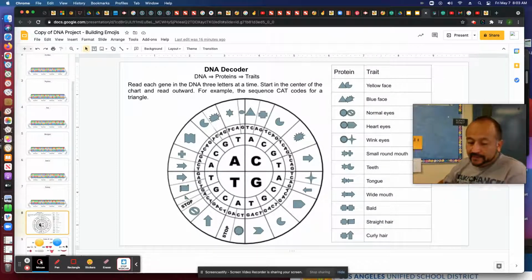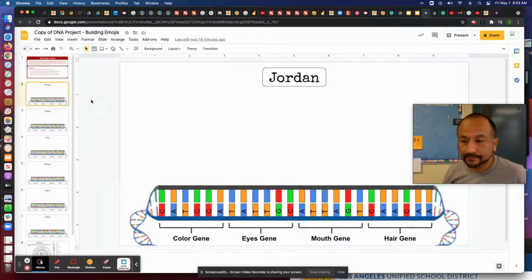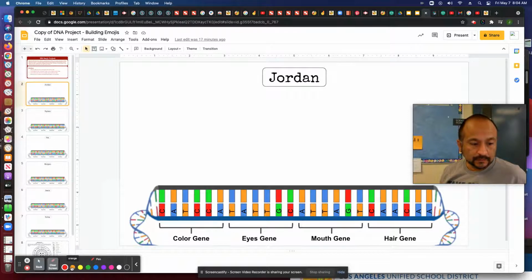I found it very helpful to have a piece of paper, and I will show you why. We have Jordan, and we want to figure out Jordan's color gene. So what we will do is look at the first. Which pen color should I use?